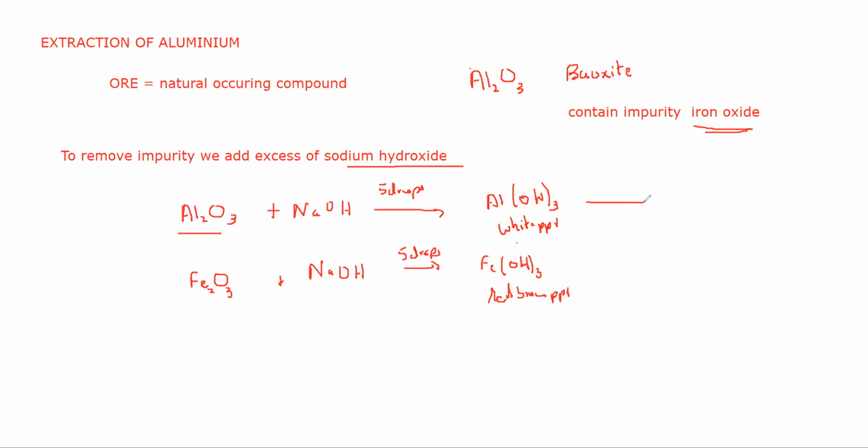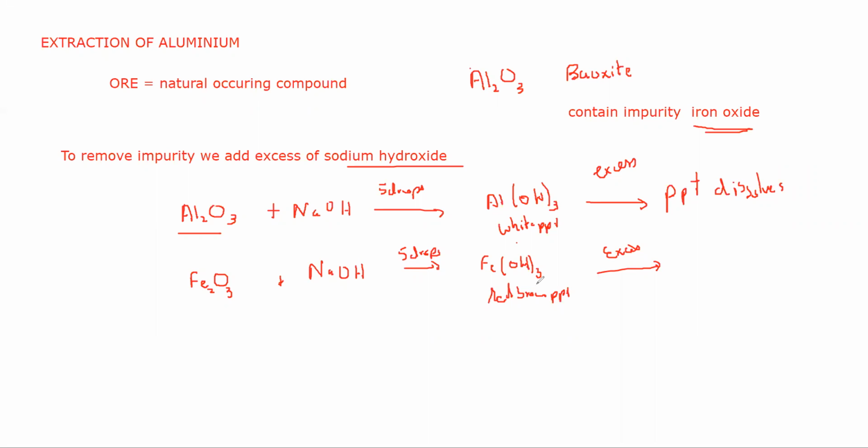Now if we add an excess, too much sodium hydroxide, what is the observation with aluminium hydroxide? The precipitate dissolves and forms a colorless solution.